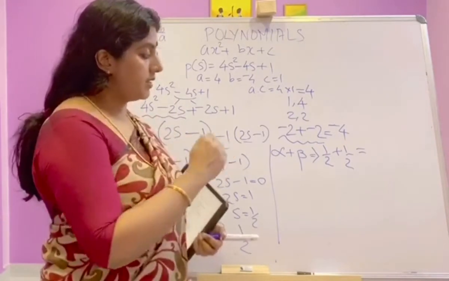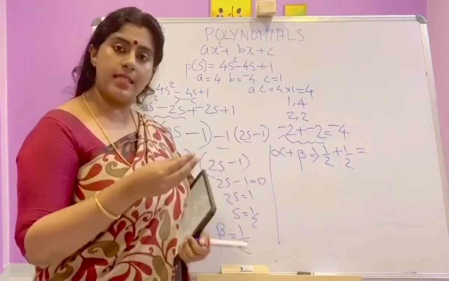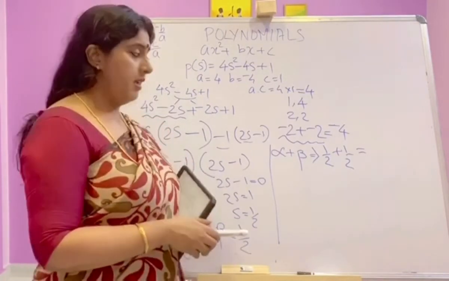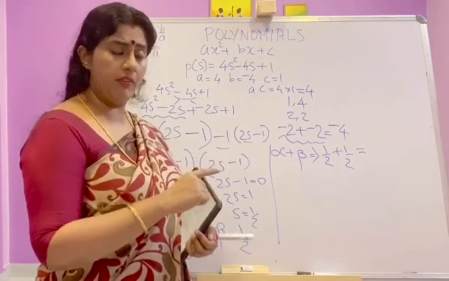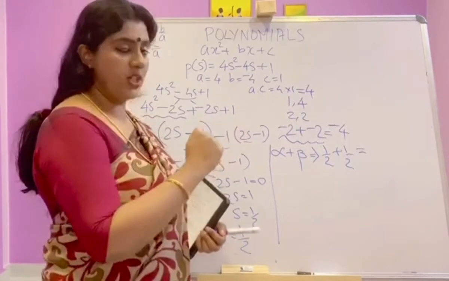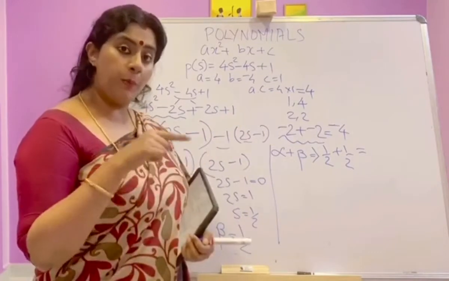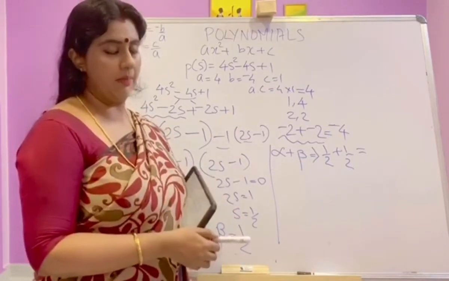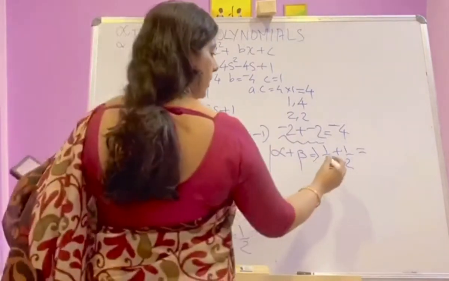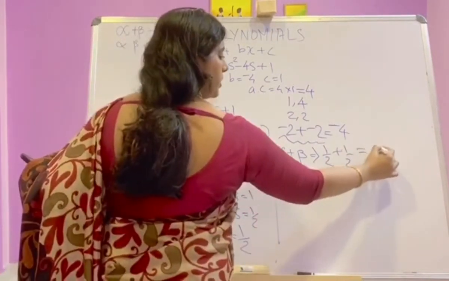If denominators are the same, then you can simply add the numerators or simply subtract the numerators. But if the denominators are not the same, you can't do the operations there. First, you want to make the denominators equal. Here it is already equal, so no problem. That is 1 plus 1 is 2.